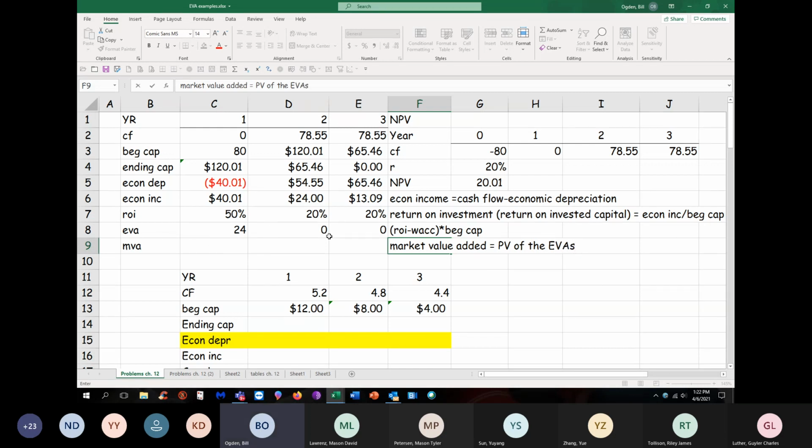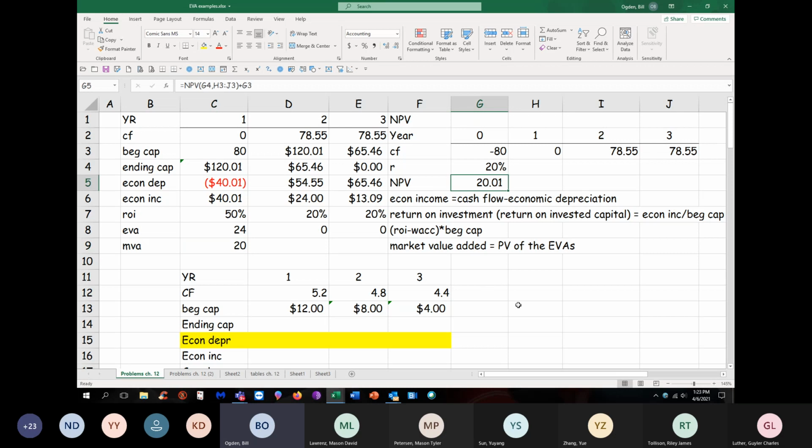Okay, so I only have one positive EVA here, so why don't we discount it back at 20%? So I would say equals this number divided by, and we're going to bring it back 1 year at 20%, 1 plus R. So my market value added will always, always, always equal the NPV if you're working just with projects.